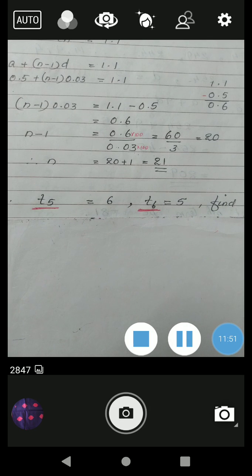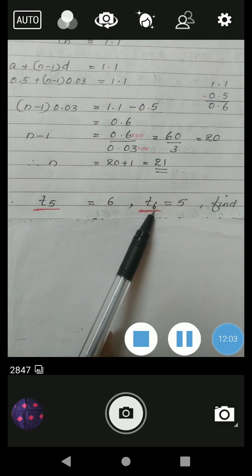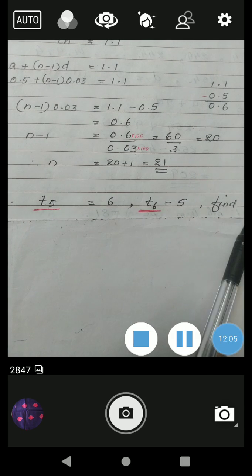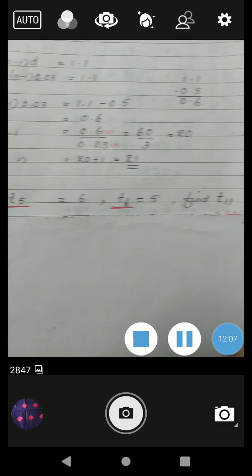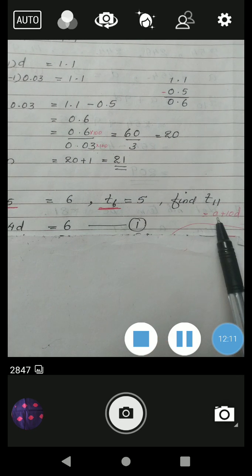Okay, question number 12. If the 5th and 6th terms of an AP are respectively 6 and 5, find the 11th term of the AP. What is given? The 5th term is given, the 6th term is given. Find the 11th term. We know the 11th term is A plus 10D. So, remember that, A plus 10D.